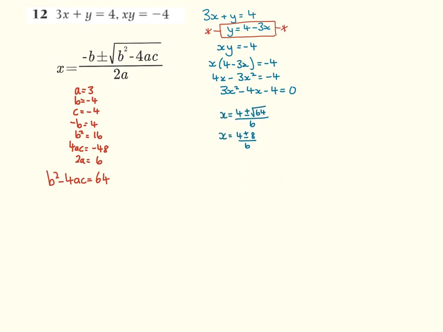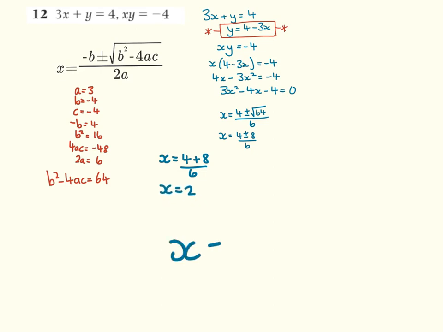So our first value of x is going to be x equals 4 plus 8 divided by 6, which is going to be 2, because 4 plus 8 is 12, 12 divided by 6 is 2. So just shrink those two things down, do a brilliant job of it. Here we go, done.